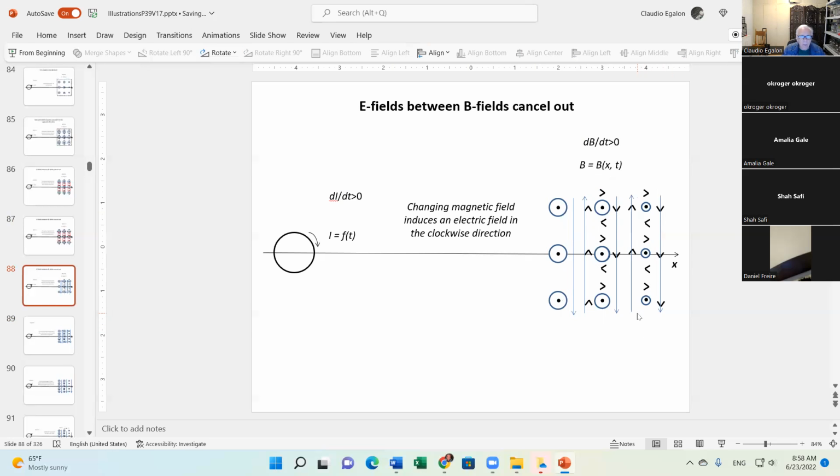Remove all those arrows of the electric field, because now we can display the electric field in an easier fashion. Did I remove something I didn't want? Yep. All those horizontal electric fields cancel out because we have more magnetic field lines there at the top.